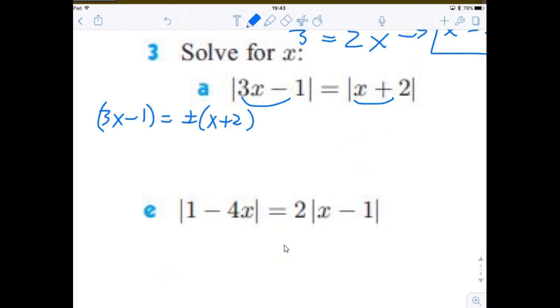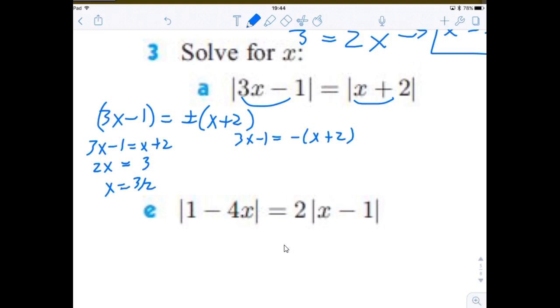So one case would be 3x minus 1 is equal to positive x plus 2. The other case is 3x minus 1 is equal to negative x plus 2. Let's analyze both sides. In the first one, we're going to move x to the left, and we'll move the integer to the right. And then our solution is x equals 3/2.